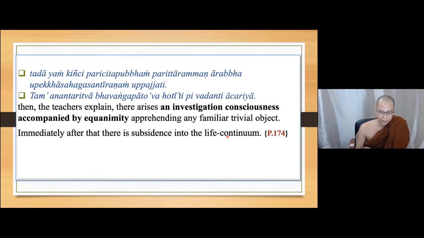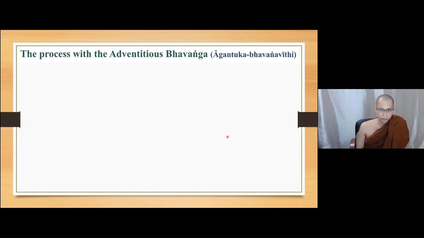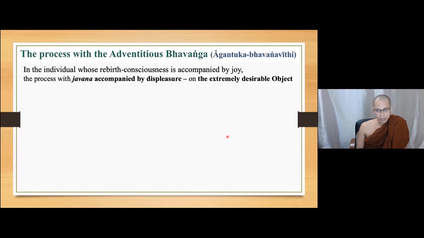After the adventitious Bhavanga, the life continuum, the original Bhavanga accompanied by joy, comes. Okay, in this case it is a little bit complicated if you are thinking based on the text itself. So let's consider the process again. Just to give the information, the individual's rebirth-linking consciousness is accompanied by joy. That is why we can understand his Bhavanga will also always be accompanied by joy.